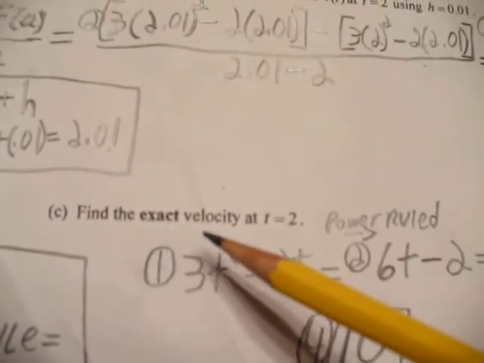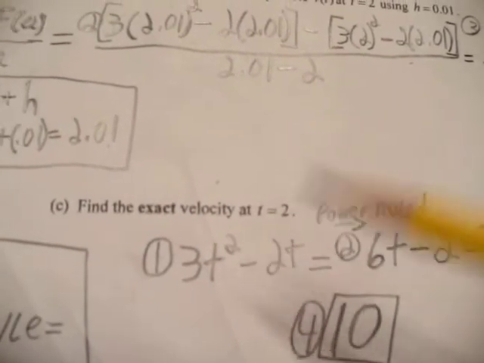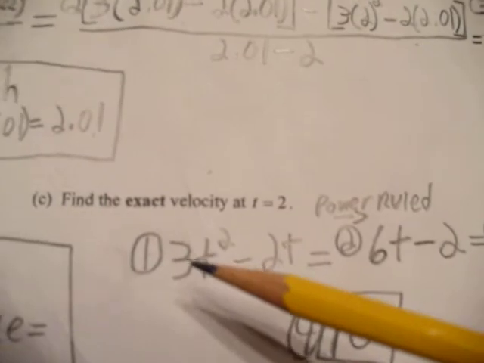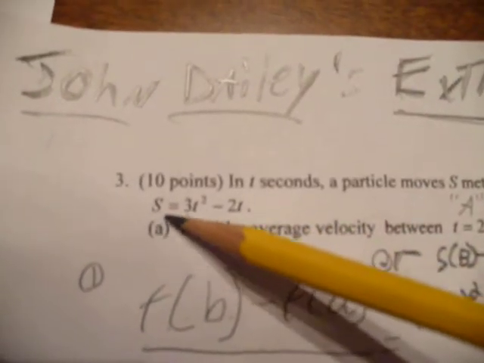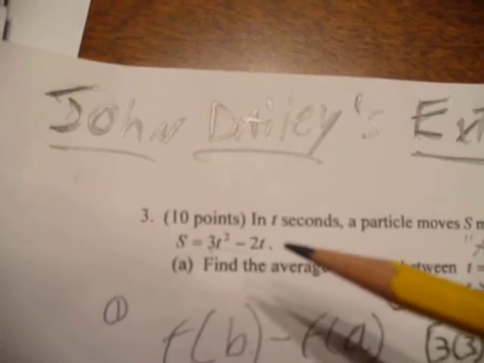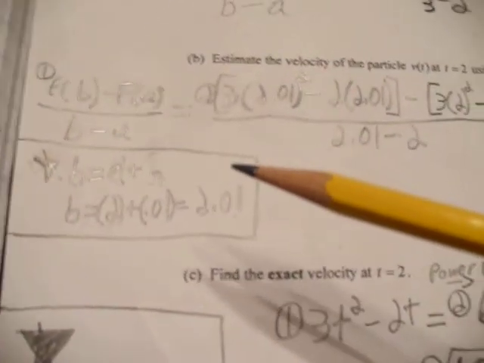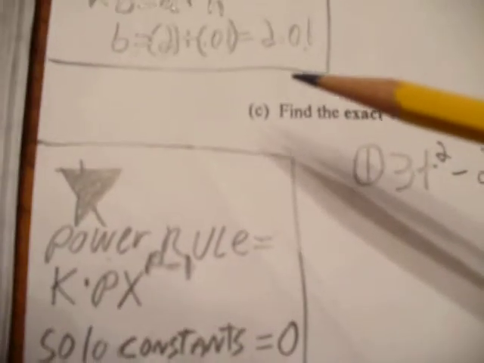To find the exact velocity at a given point, you must go back to the original stated equation here and find the derivative of it. To find the first derivative, you apply the power rule, which is k times p x raised to the p minus 1.